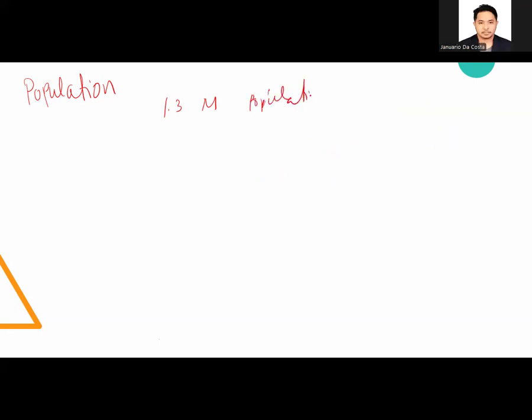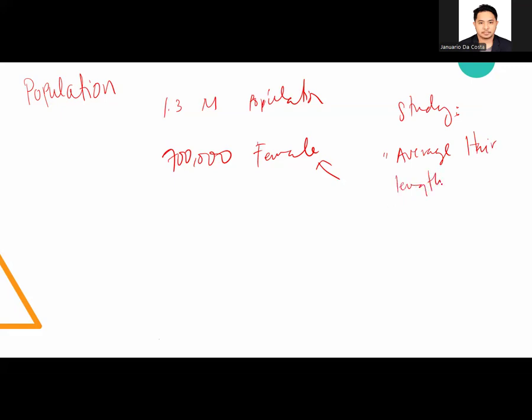If I do research focusing on female, let's suppose that 50% of that is, let's say, 700,000 female. So if you want to study the hair length of female, for example, the average hair length of Timorese women, what is your population for this study?